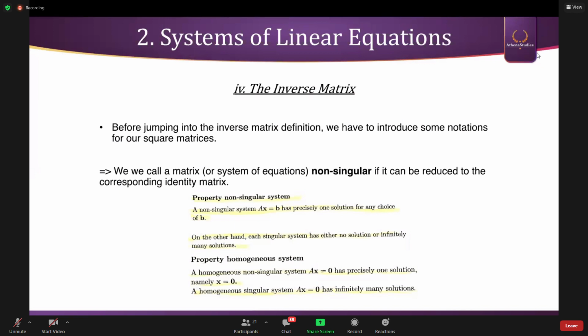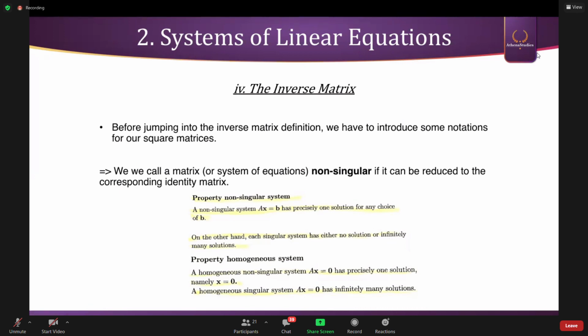For a non-singular system, we know that the equation Ax = b, the equation of a linear system, has precisely one solution for any choice of b. So if we know that our matrix A is non-singular, it means that my system will have one solution only. On the other hand, each singular system has either no solution or infinitely many solutions.